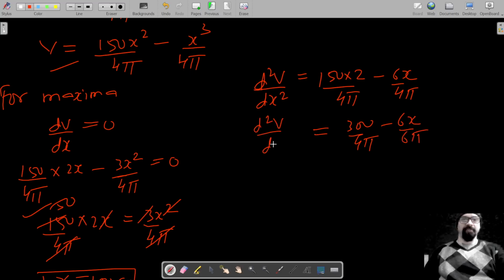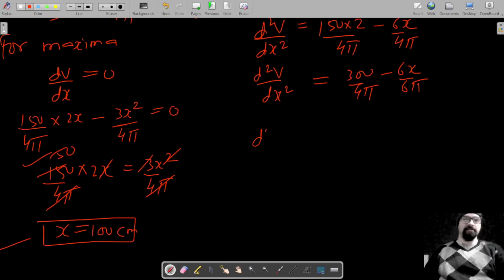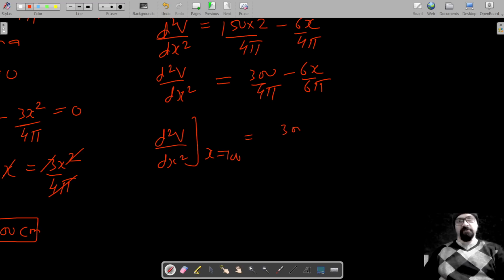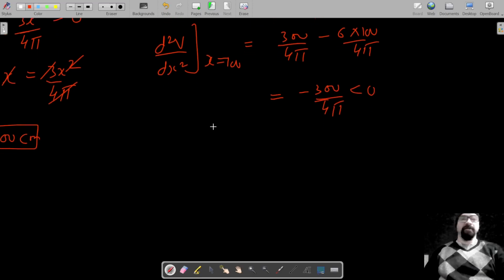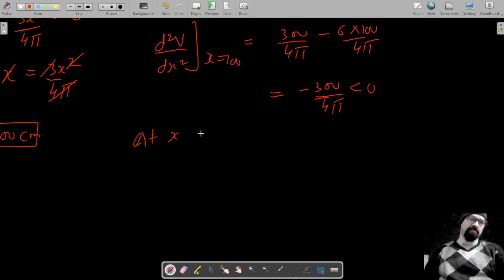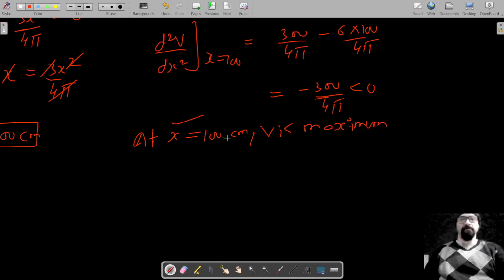At x is equal to 100, the second order derivative's value is 300 upon 4 pi minus 6 into 100 upon 4 pi, which is equal to negative 300 upon 4 pi, which is less than 0. So that means at x is equal to 100 centimeter, V is maximum.